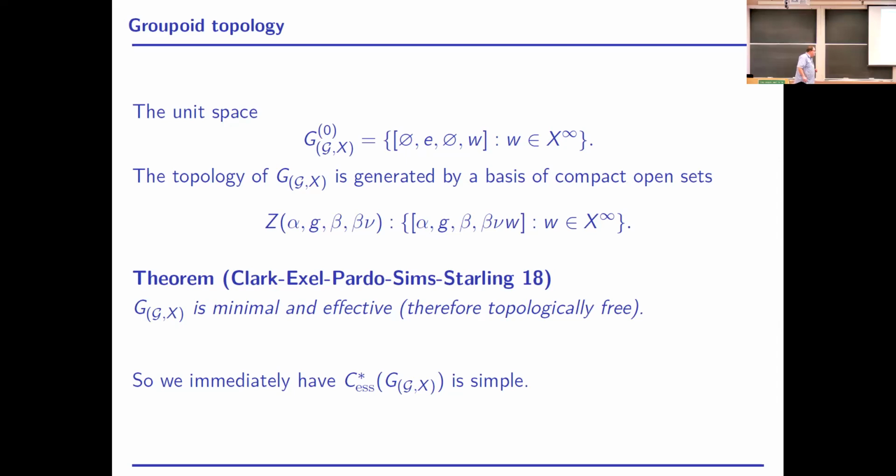So it's just all groupoid elements with the first three coordinates the same and a different extended infinite word. So Clark, Exel, Pardo, Sims, and Starling showed that this groupoid is minimal and effective, and hence it's also topologically free. So immediately you get that the essential C-star algebra of this thing is simple.